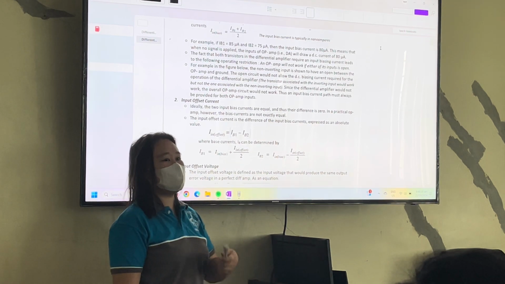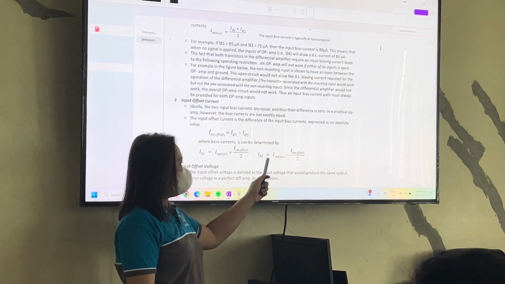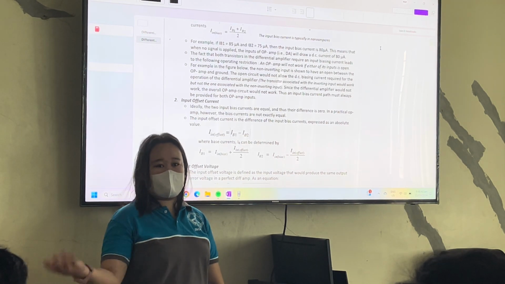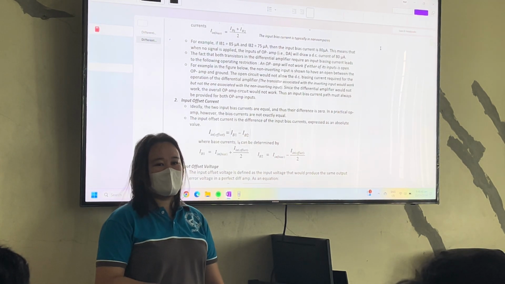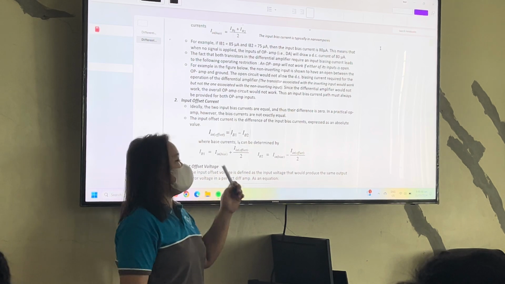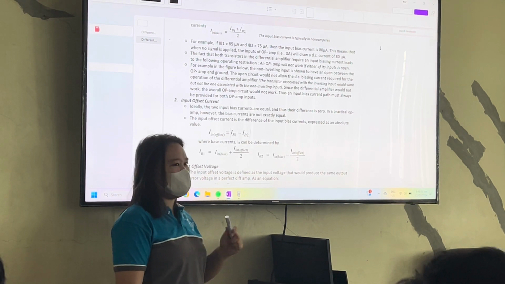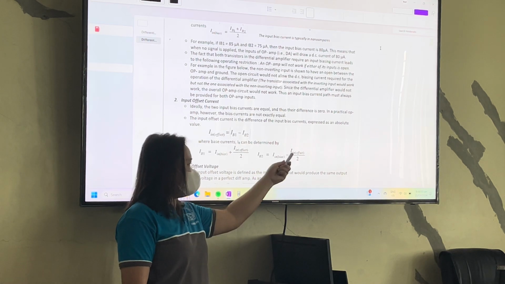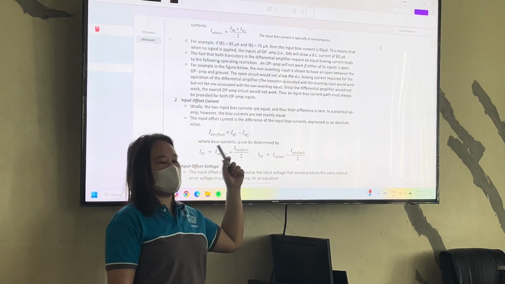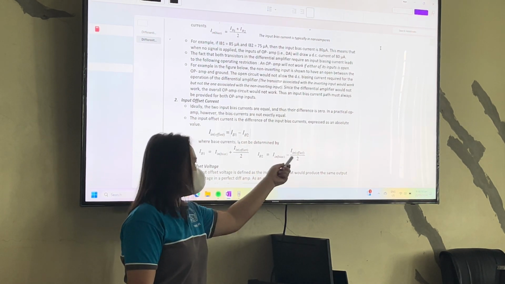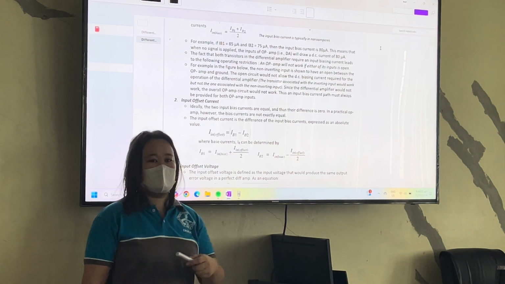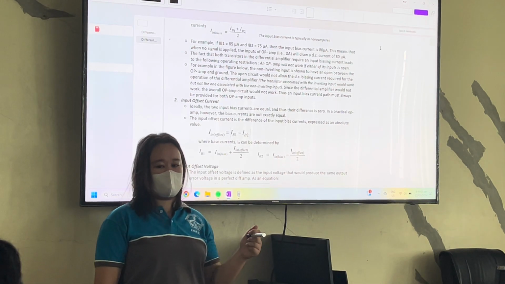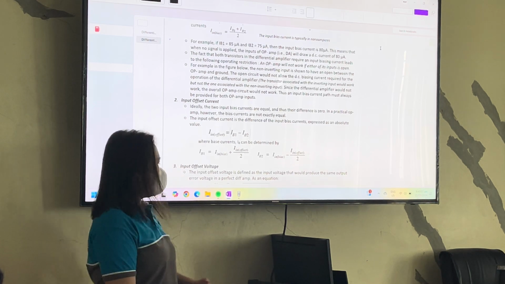Now, if IB2 is greater than our IB1, then IB2 is plus and IB1 is minus. The plus goes with the one you assume to be greater.